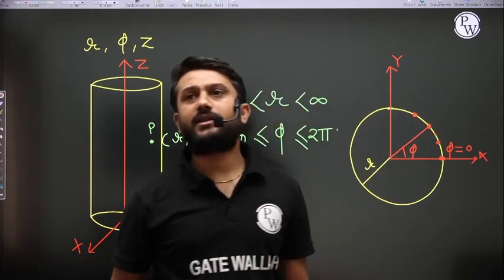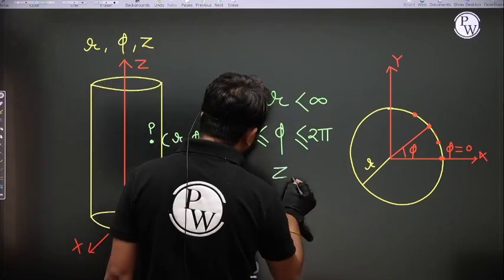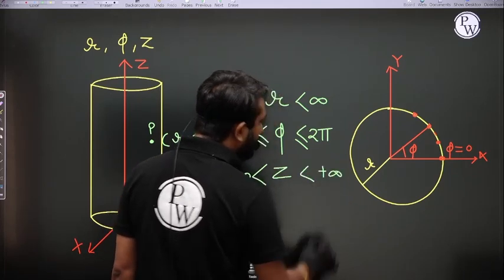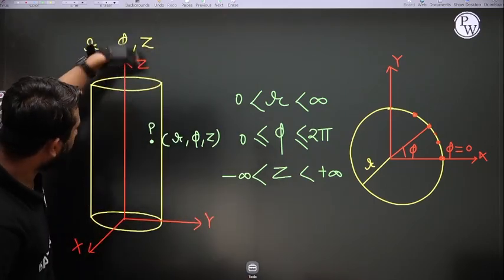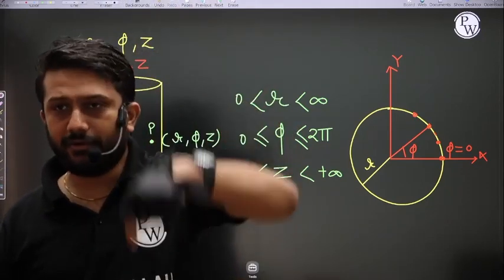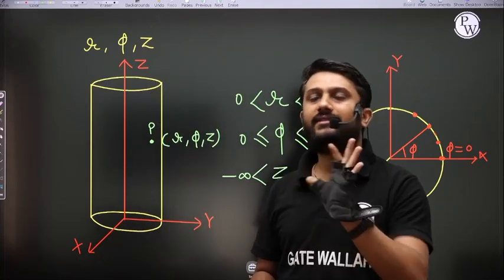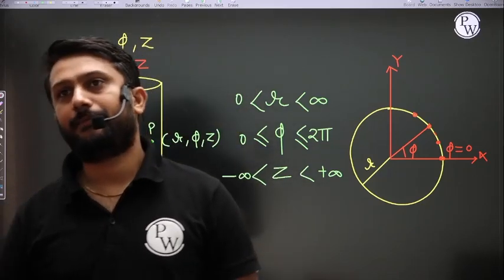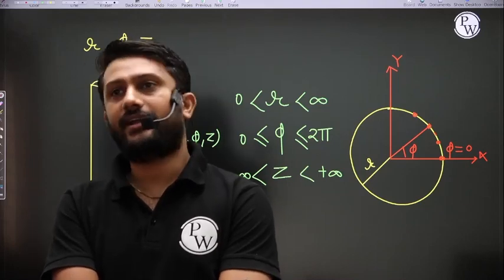So the third parameter that is required is z. What is the limit of the z? The limit of the z is minus infinity to plus infinity. That point may be above also, that point may be below also. So three parameters are required: r, phi and z. I hope you are able to understand this. In cylindrical coordinate system, the three parameters are required, and that is r, phi and z.